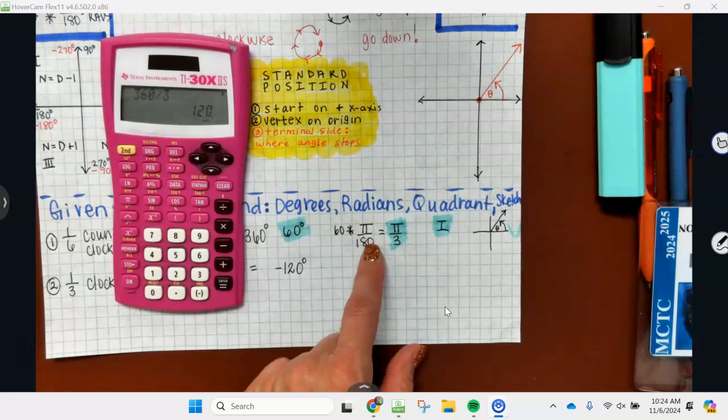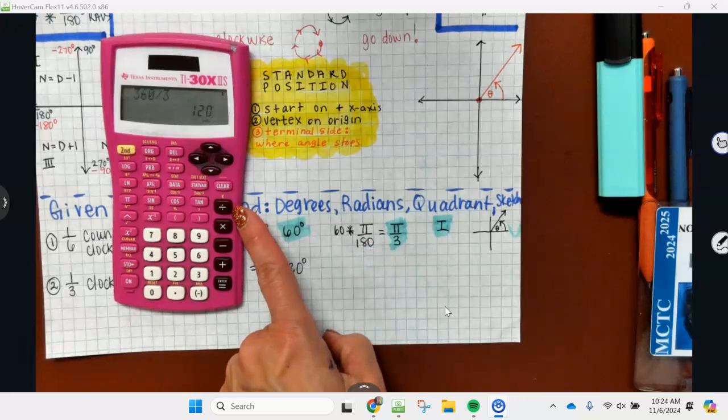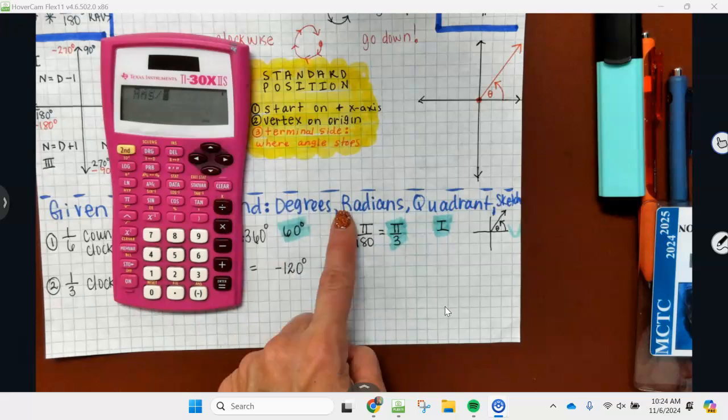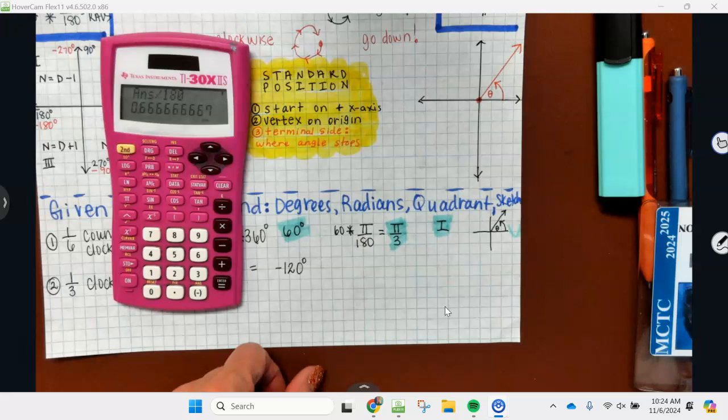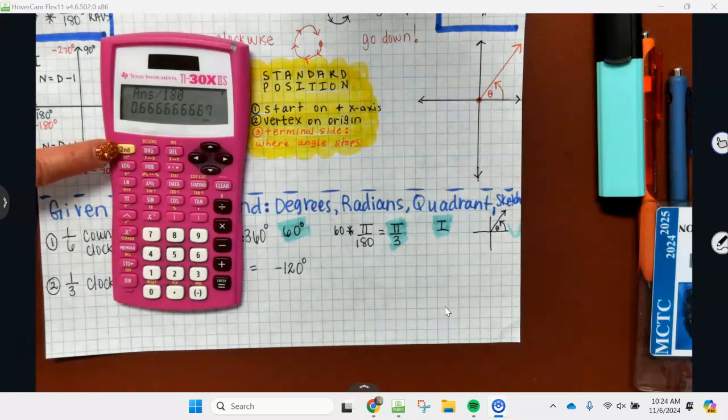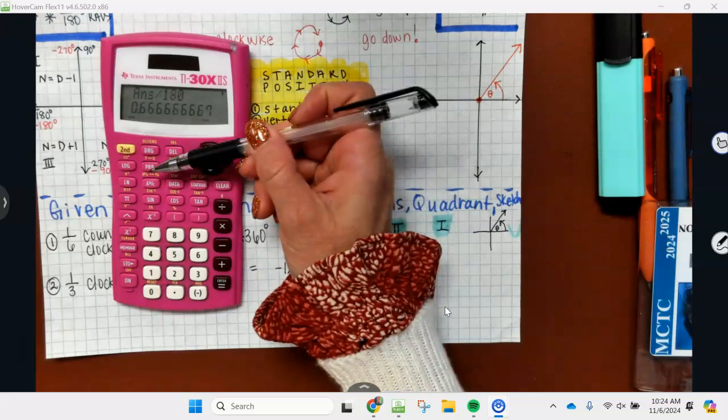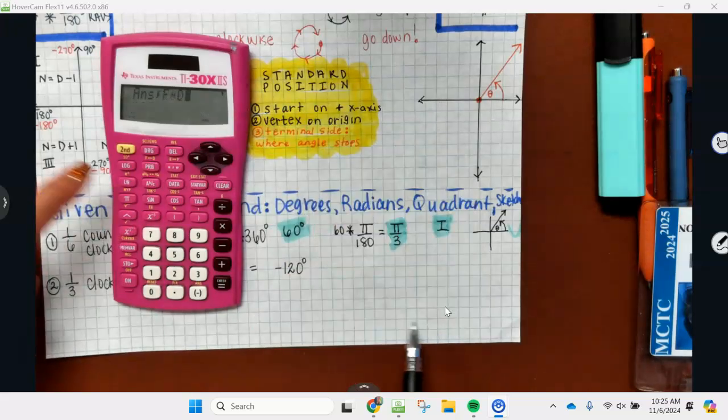To convert it to radians, all you're going to do is hit divide by 180 and hit enter. And then you have a decimal. Some of y'all might know that fraction, but this will convert it. Hit the second key, then hit the PRB button.